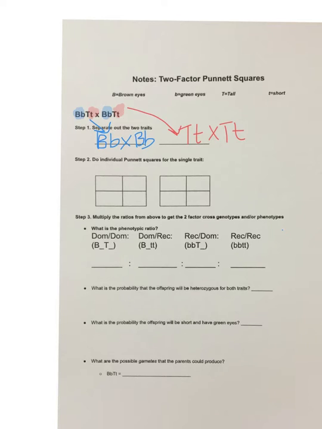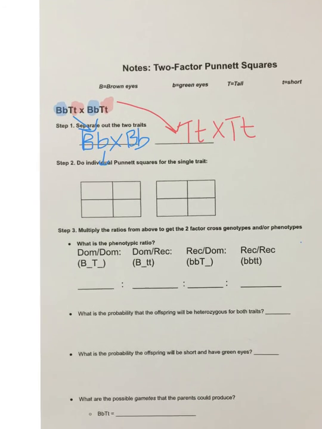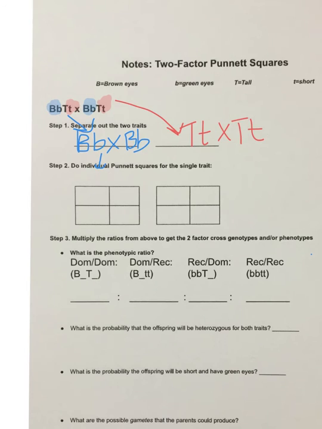So I'm going to move this down here. Cross it out. Okay. Now I'm going to make the Punnett square for my plant height.